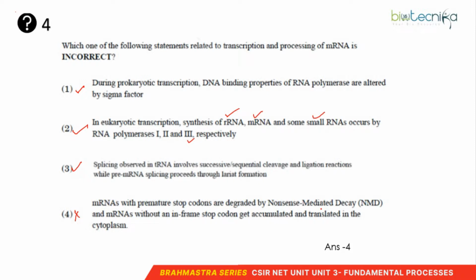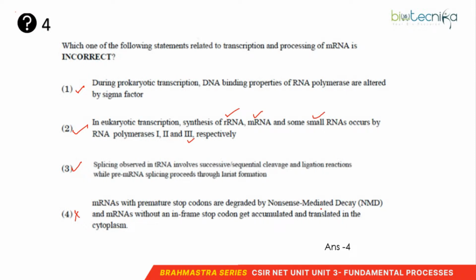Okay, this is actually a surveillance pathway which is present in all the eukaryotes. And this pathway mainly works to reduce errors in the gene expression by eliminating all the mRNA transcripts which contain the premature stop codons.